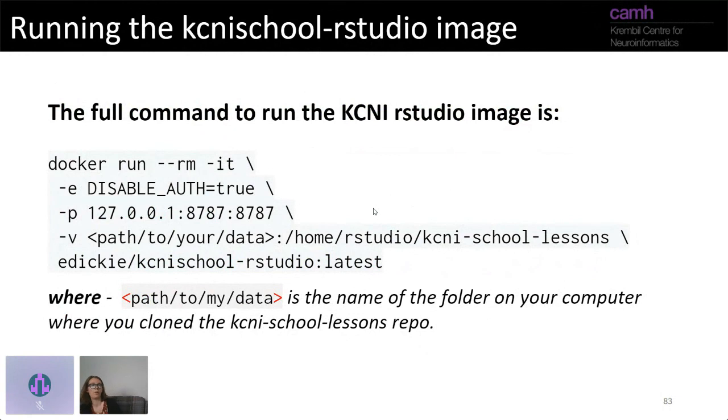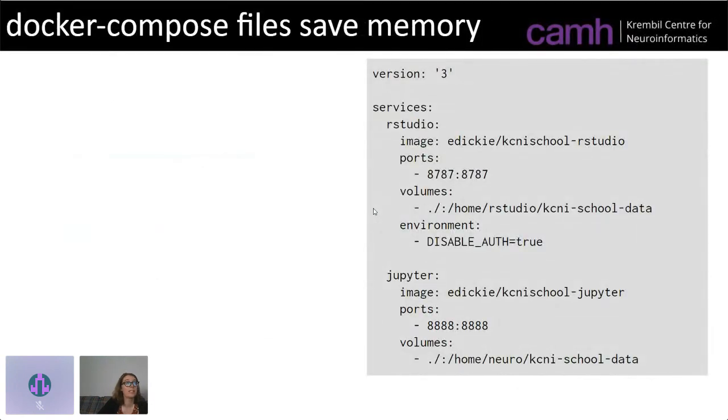So this is what the whole command looks like, and it's a little bit cumbersome. Luckily, there's this fancy thing called Docker Compose that somebody told me about before last year's course, which is amazing because it saves us the memory. Docker Compose is a YAML file that's sitting at the base of your repo.